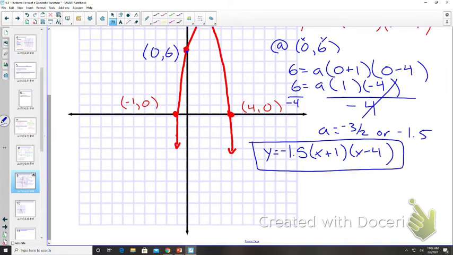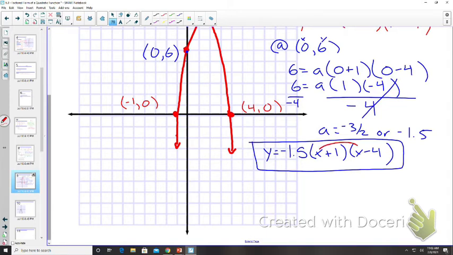And could we go from factored form to standard form? The answer is yes, we absolutely can. We just need to expand our brackets and then distribute the 1.5 in.